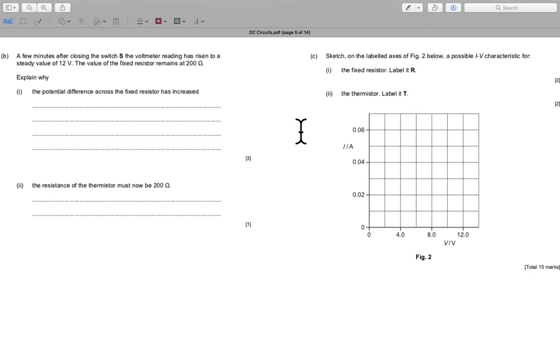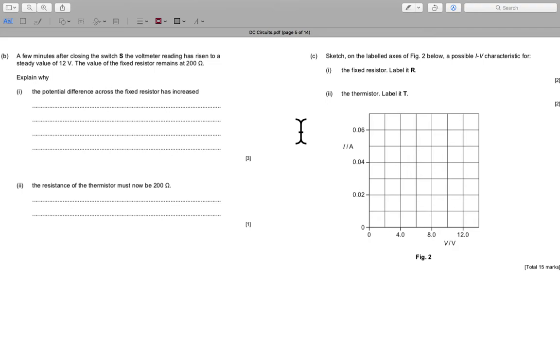B: a few minutes after closing the switch S, the voltmeter reading has risen to a steady value of 12 volts. The value of the fixed resistor remains at 200 ohms. Explain why the potential difference across the fixed resistor increases.